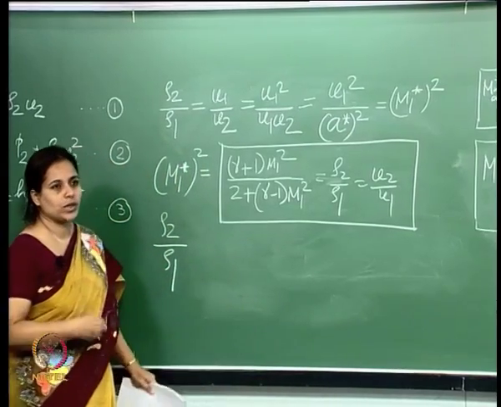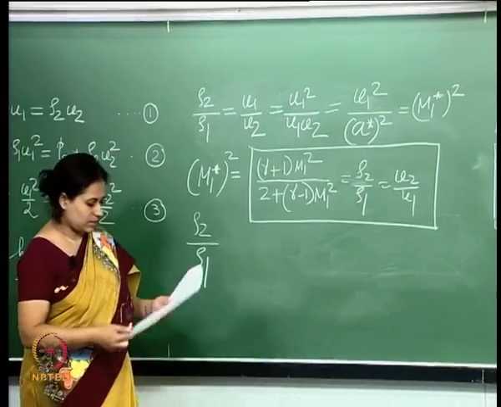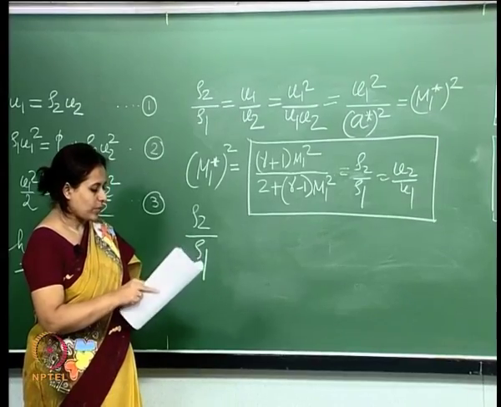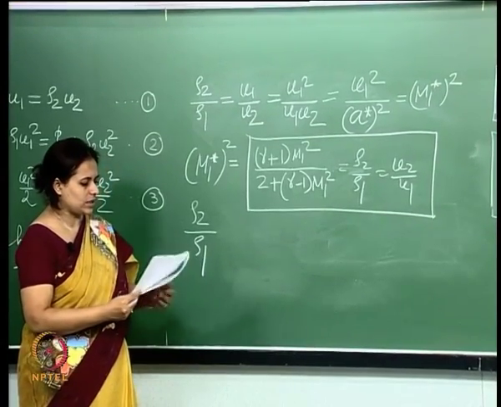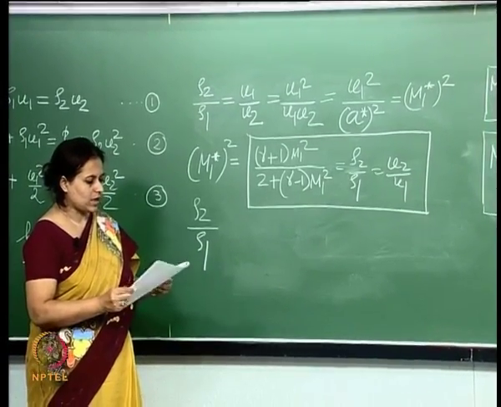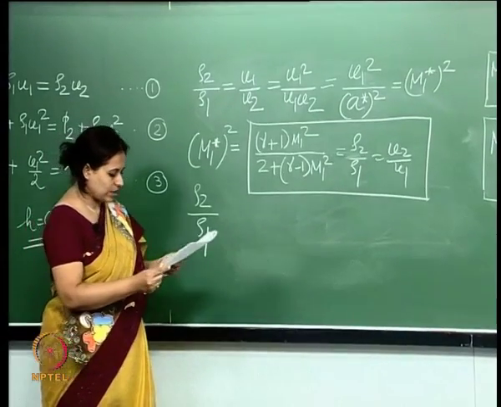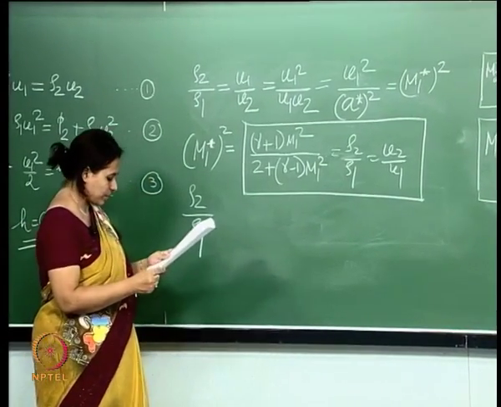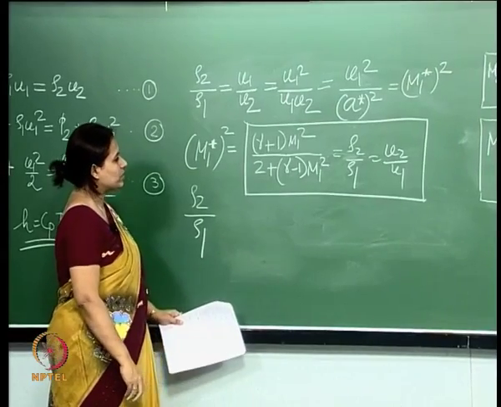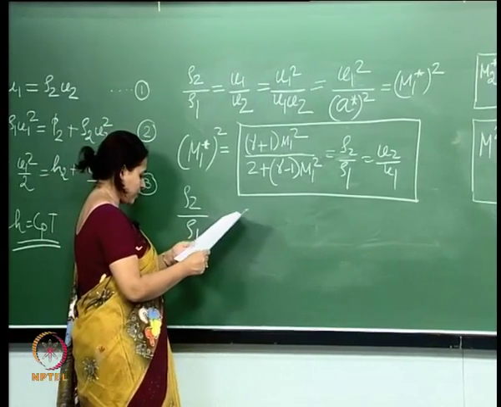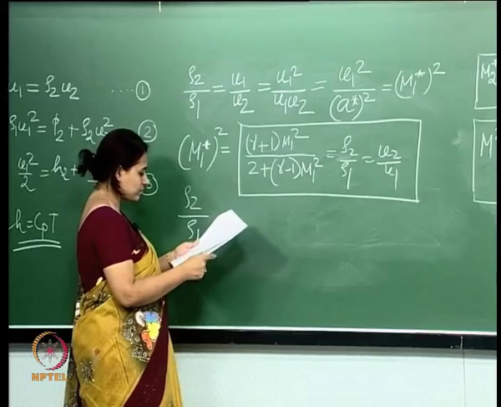Now, let us get the expression for pressures. I am not going to bore you with detailed calculations. I think by this time you should be able to do this from here. So, I will just write it out.